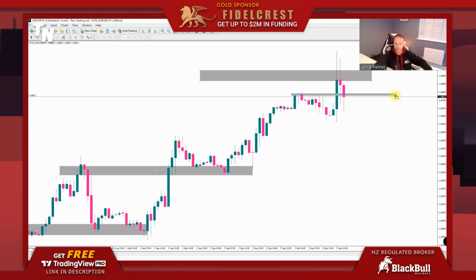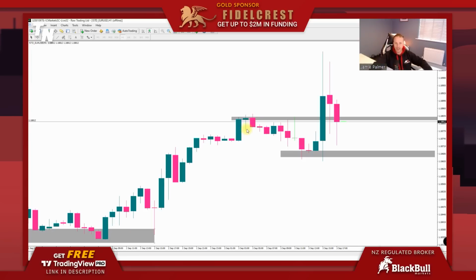So we want to mark up the previous high and the previous low. Okay, so previous high, previous low. The one before that one, just to show you, would be this one here. Trend up, pullback, trend up, pullback, trend up. So at the minute we are still in an uptrend, okay? There's no confirmation to tell us anything otherwise.